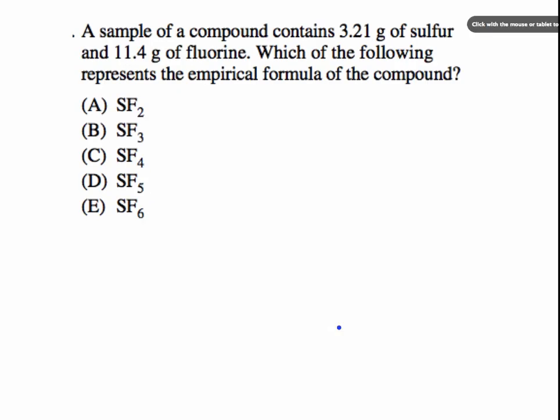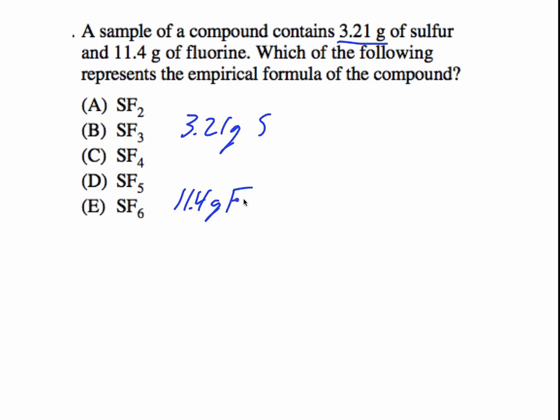Next one. Percent to mass, mass to moles, divided by small, times to whole. All right, well, they already gave me grams, so I don't have to do percent to mass. 3.21 grams of sulfur, 11.4 grams of fluorine. I know that there's 1 mole, there's 32 grams.